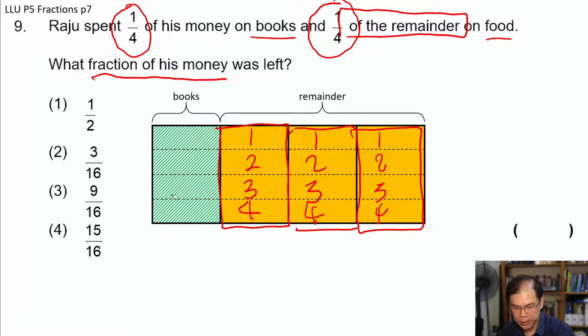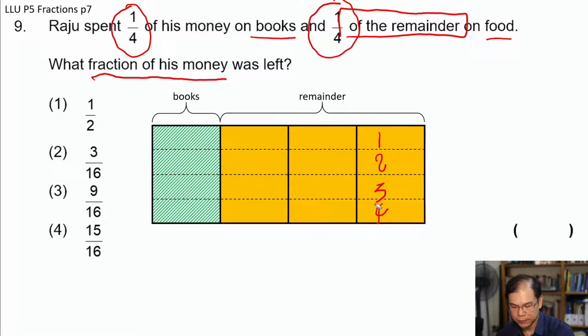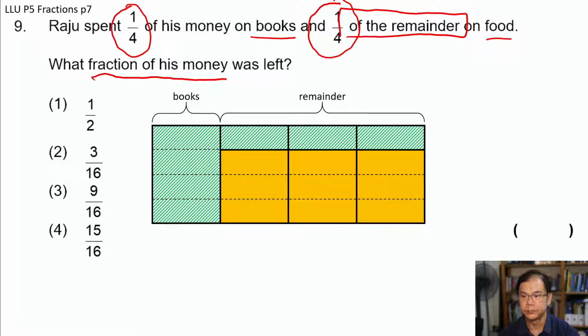So after I do that, how do I show 1 out of 4 of the remainder? Here.